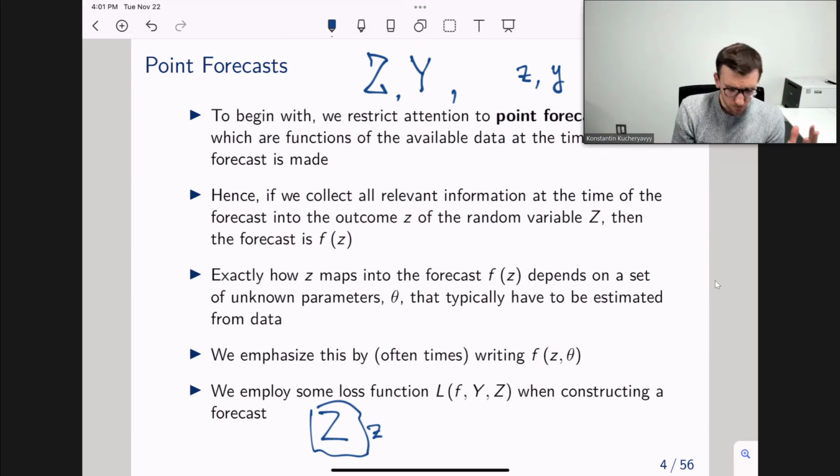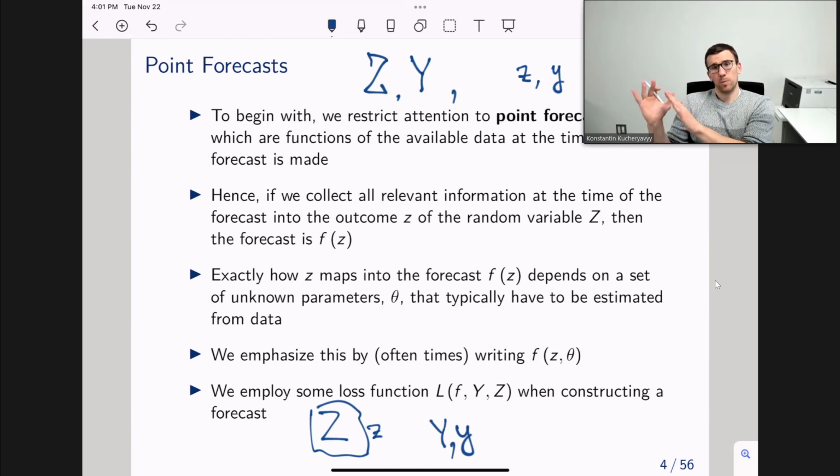And then Y would be a new person. It is a new person that arrives, and for which we don't know the outcome, but we know its observation, Z at t plus 1.